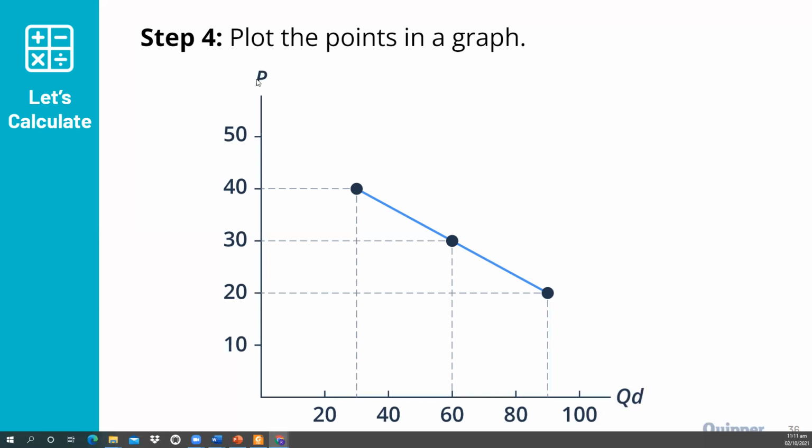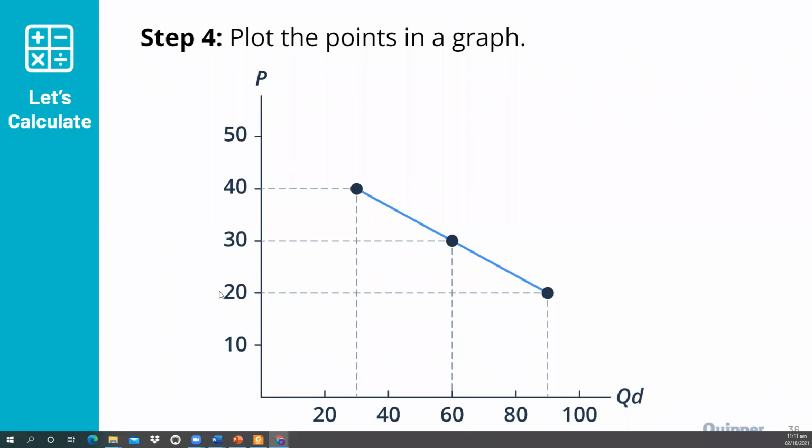ito yung price at ito naman yung quantity demanded. So for example, 40 yung presyo. So yung demand nun ay nasa 30. Okay? Marunong ba tayong magbasa ng graph? I think we all can read graph. Okay? Next naman, 30 daw yung price, so yung quantity demanded is 60.